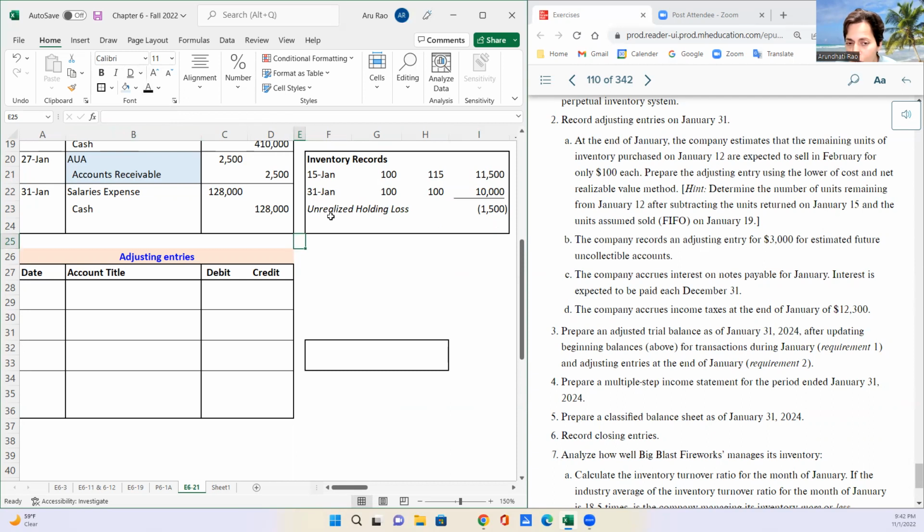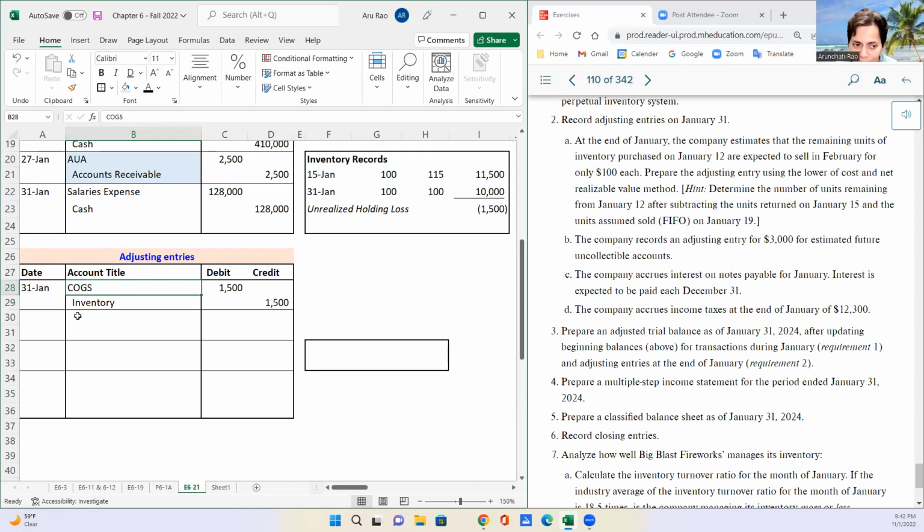The reason we use the word unrealized is it's not yet happened. However, in the perpetual inventory system, what we do is on January 31st, we pretty much say I'm not going to get that 1,500. I need to write down my inventory. I'm bringing the value down by crediting it. And in this case, I just put it to cost of goods sold.